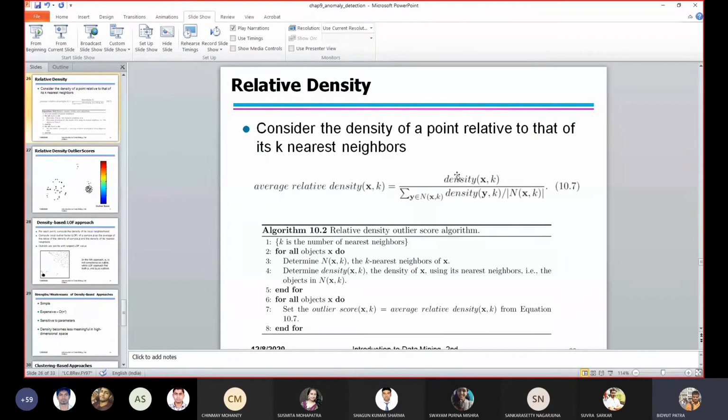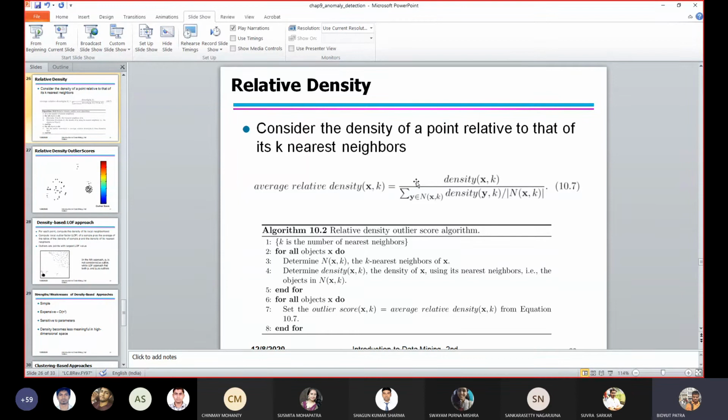You find the density of the point and then take the average density of the neighborhood. Because for the outlier points, the neighbors are quite far away, and those neighbors might be cluster points, and when you take the average, this value will be quite low. Therefore, we can identify the average relative density of the points.